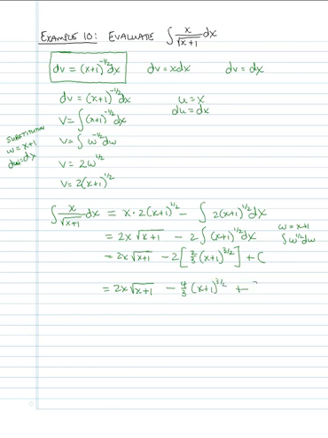And then we could write that differently if we so chose. Because that's nothing more than the square root of (x plus 1) to the power 3. That's our constant of integration. Now, of course, all along we're assuming x plus 1 is positive, otherwise we would have had the square root of it.